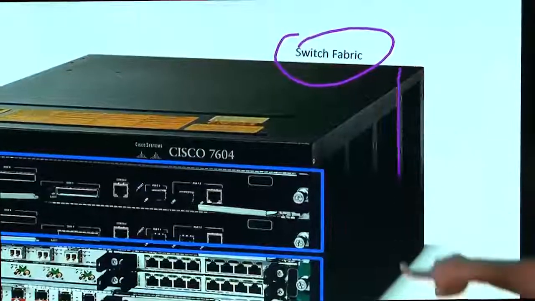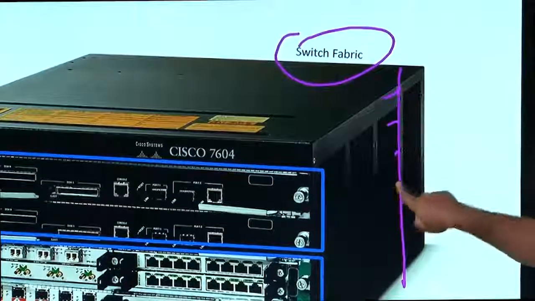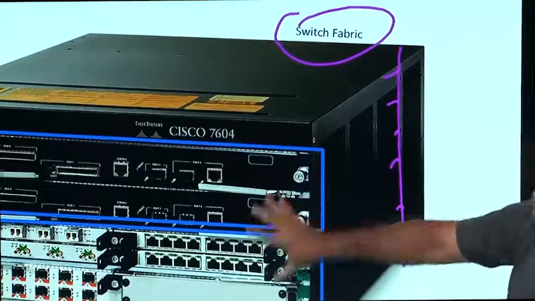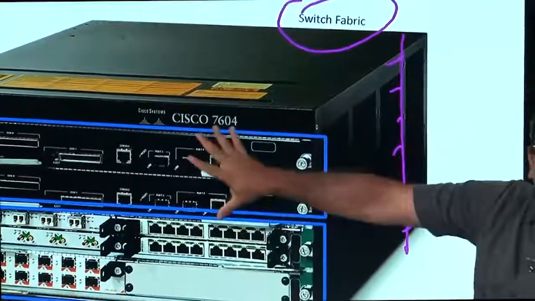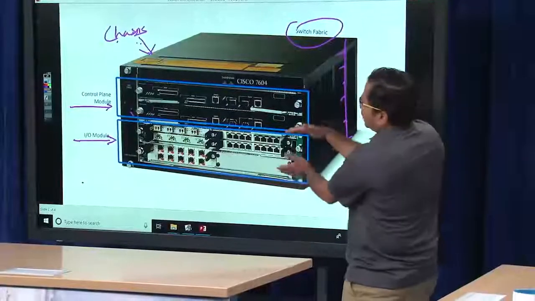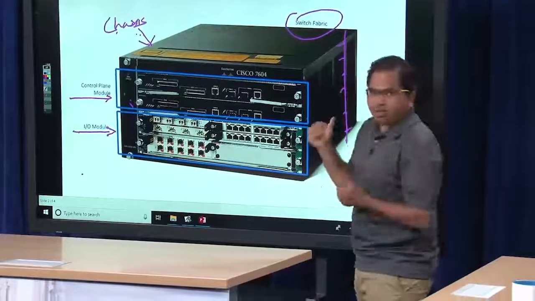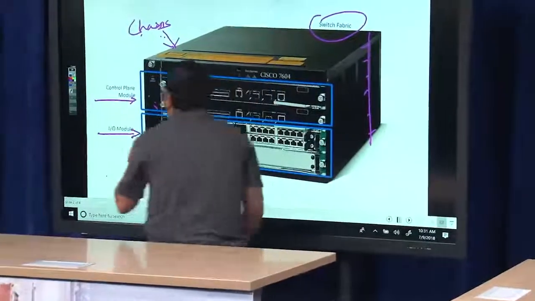So this is a physical connection of pins that actually connects these two pluggable modules, the I/O and the control plane module. So what are the functions of each of these three components and how they map to the SD-WAN architecture?